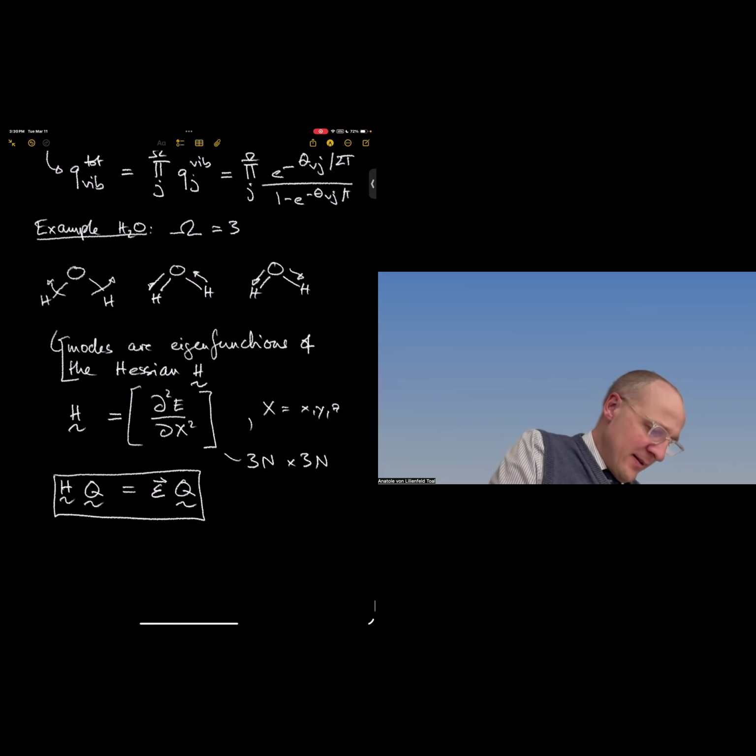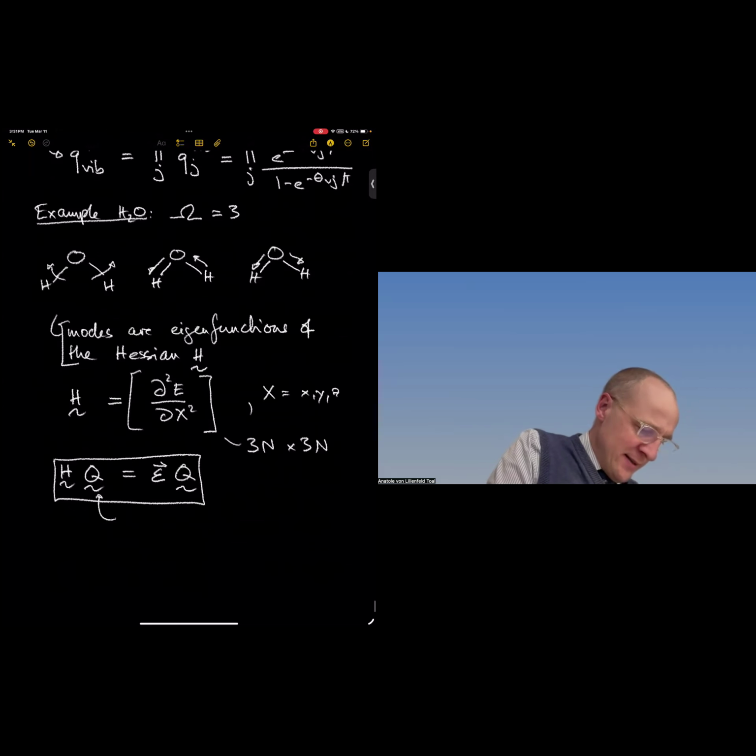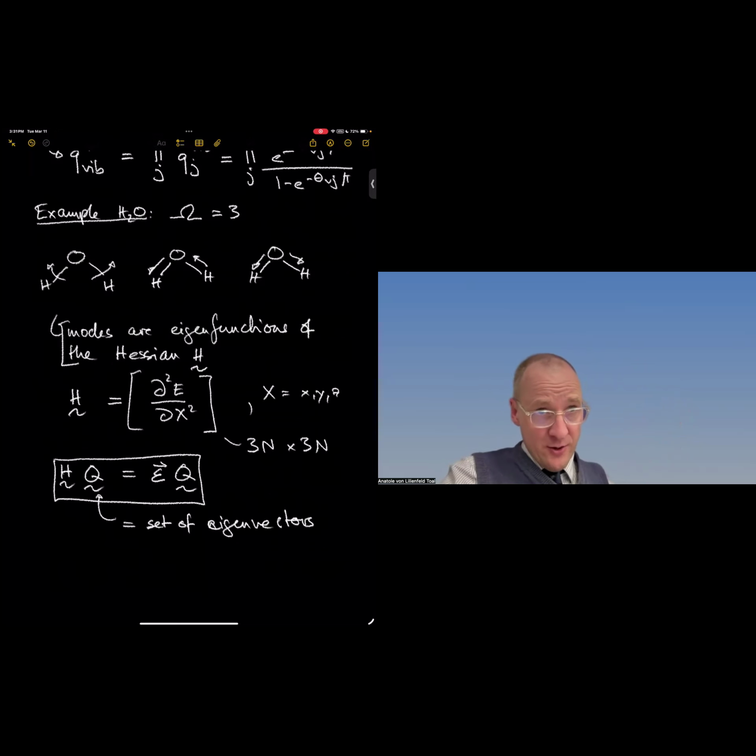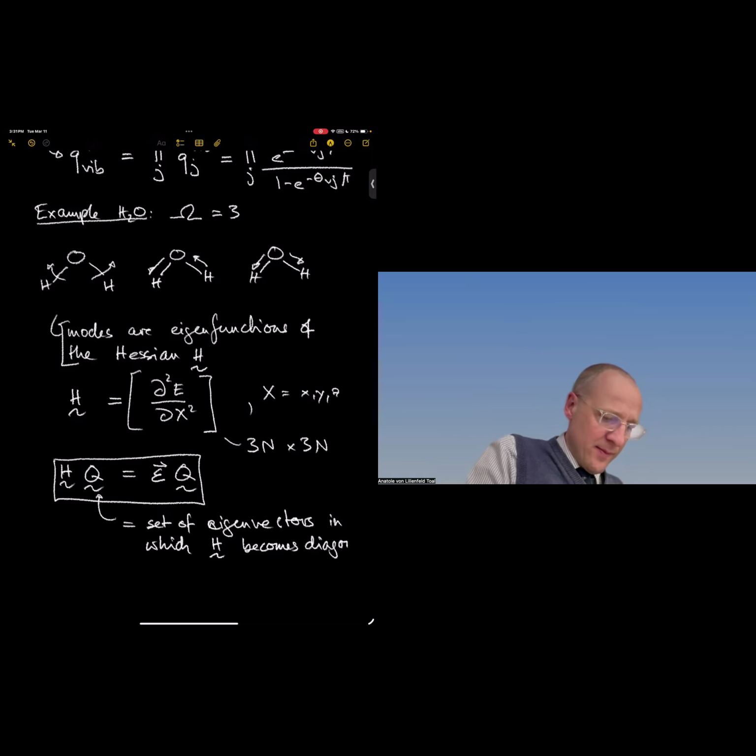So that matrix Q is the set of eigenvectors, all right, in which you get the diagonal version of the Hessian.